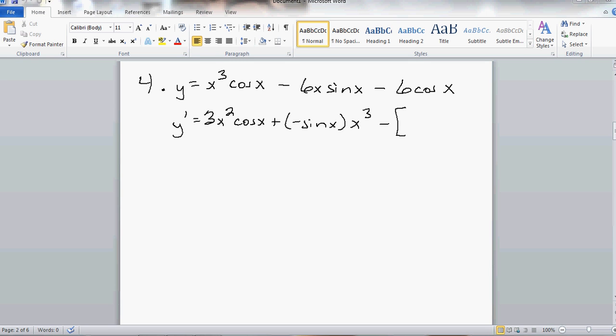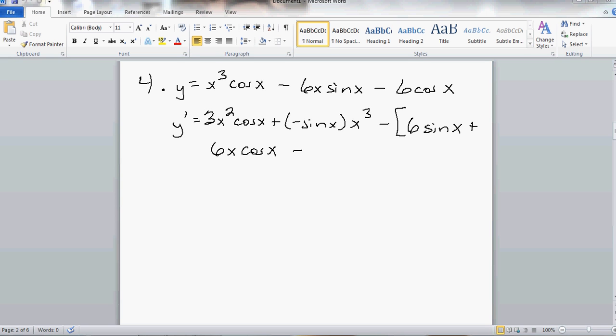This is a product rule also because I have something of x times something of x. So that says take the derivative of the first, 6, leave the second one alone, plus, as long as it's inside brackets, I can do this, leave the first one alone and take the derivative of the second, which is cosine of x, minus, now here this is just a simple derivative because it's just one expression of x.